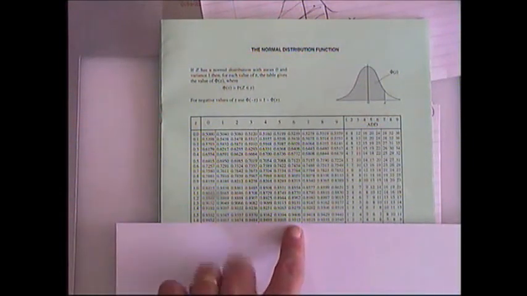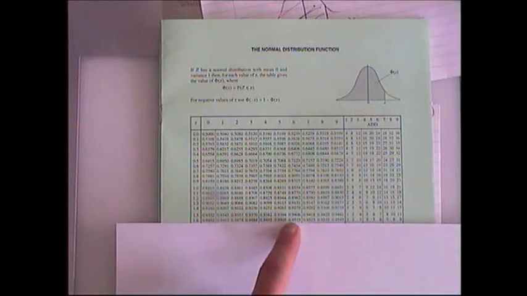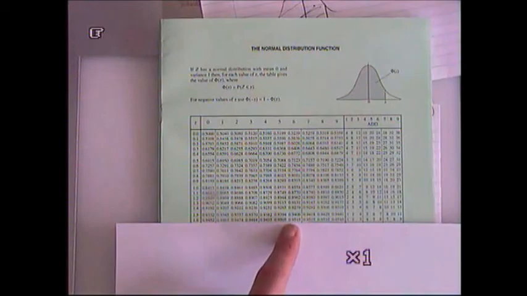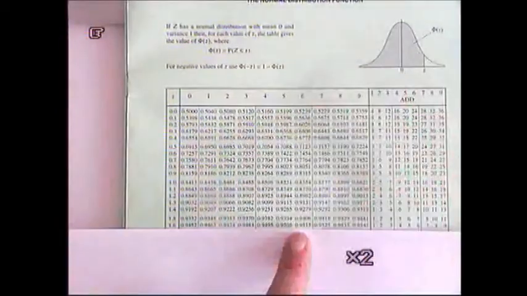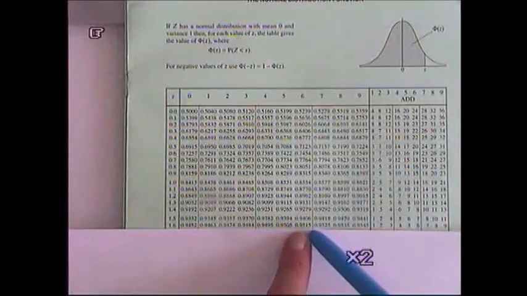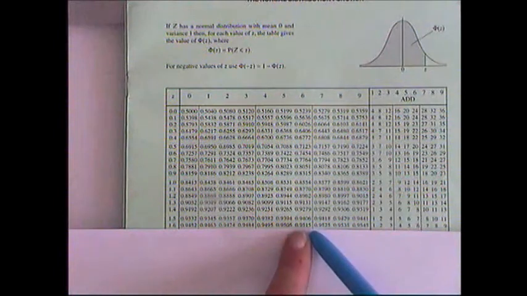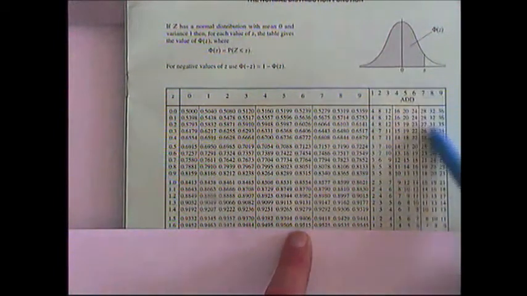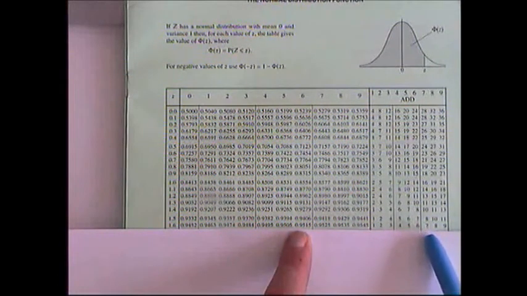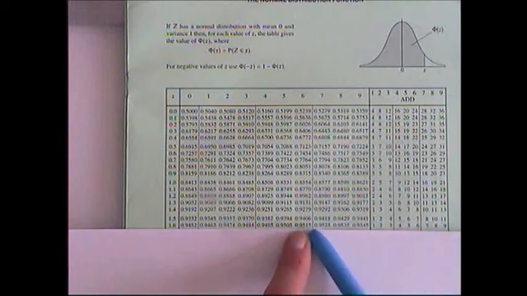There's 1.66. So there's 1.6 on the left. Here's 1.66. If I want 1.67, I look over here under my 7 column and I've got to add 7 onto that.